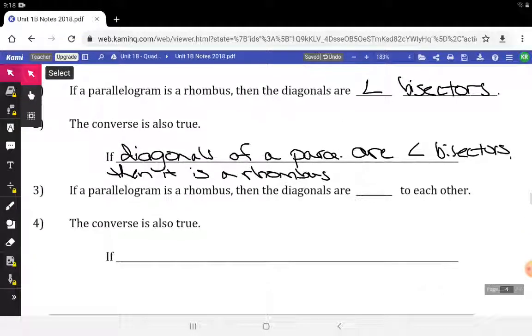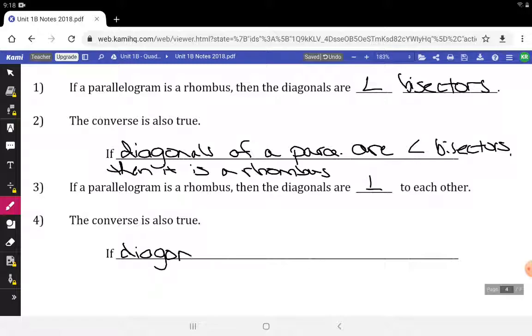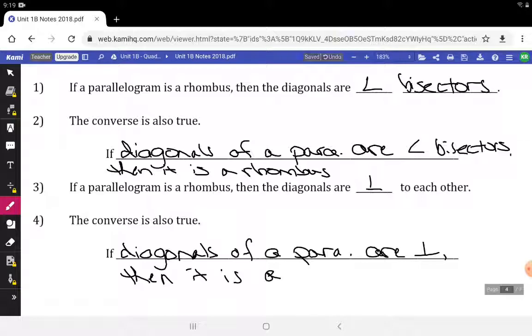The diagonals in rhombi are also perpendicular to one another. Couldn't be parallel to one another. So the converse is also true. If the diagonals of a parallelogram are perpendicular, then it is a rhombus.